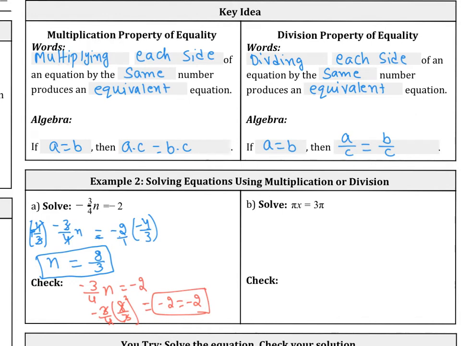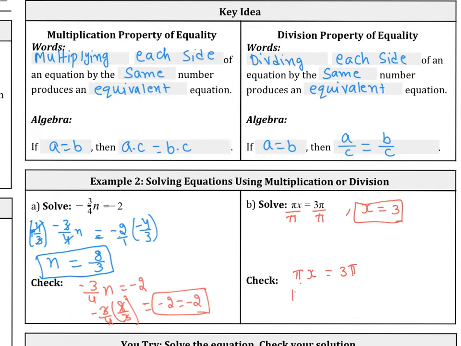Let's do letter B here. So you're going to find the x value. You're going to divide by pi on both sides. So x would be equal to 3 pi divided by pi, which is 3. So that's the x value, x is equal to 3. And then you're going to check it by plugging it into the main equation. The main equation is pi x equals 3 pi.